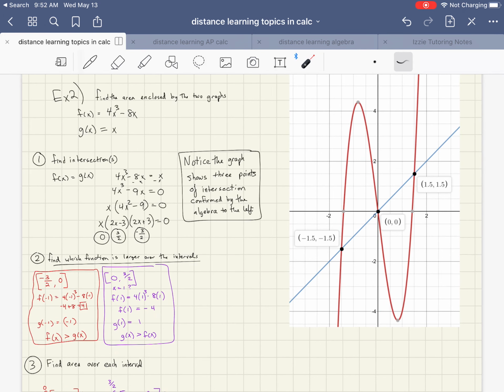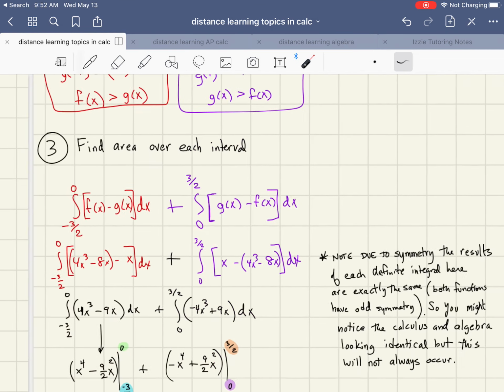And so what I'm going to be doing is finding the distance between the two equations. So I'm going to do f minus g on this first part. I'm going to do g minus f on the second part. And then I'm going to integrate each piece.